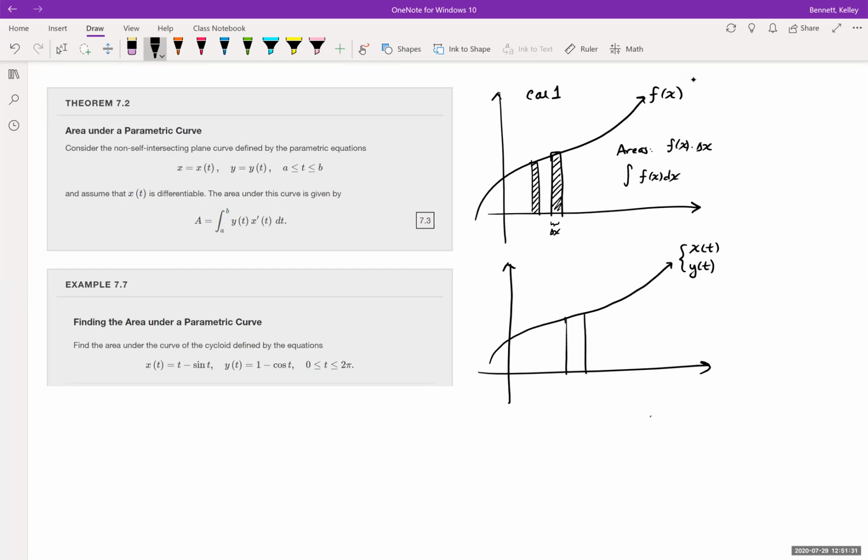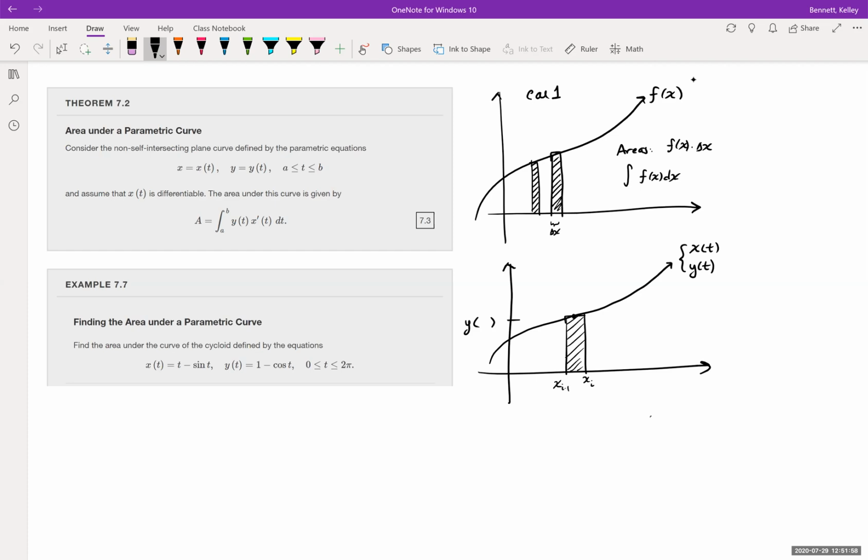Oh, we're going to do the same thing. You're going to make these little rectangles here to estimate your area. Okay, so this is some x sub i minus 1, and then this is x sub i. So this is some partition, and then the height here is going to be y of what?